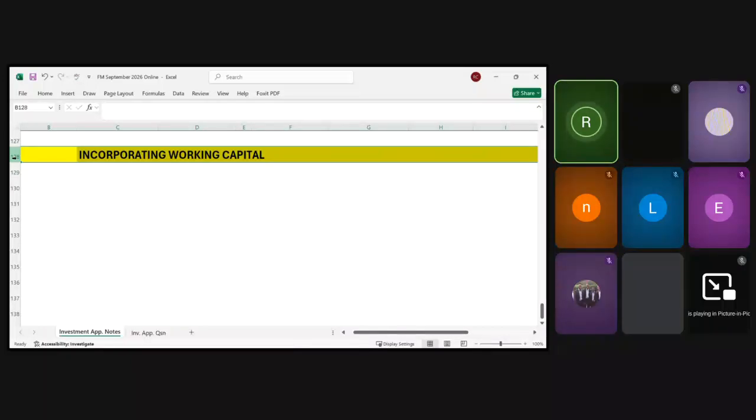In year 0, you are supposed to inject your working capital, but normally all of your working capital should then be recovered in the final year. It means that you are going to withdraw whatever you have invested in your project as working capital. So let's have a few notes here.